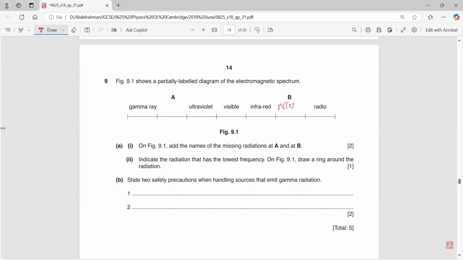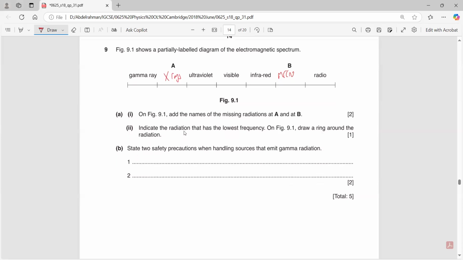And then this is X-rays. Then indicate the radiation that has the lowest frequency. Lowest frequency would be radio because it has the longest wavelength.